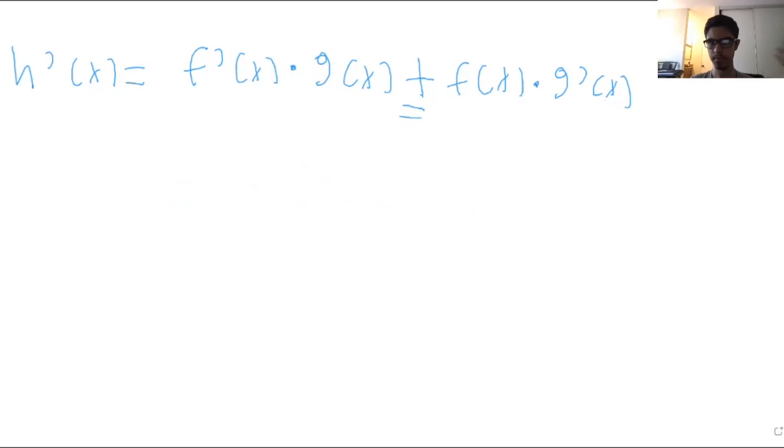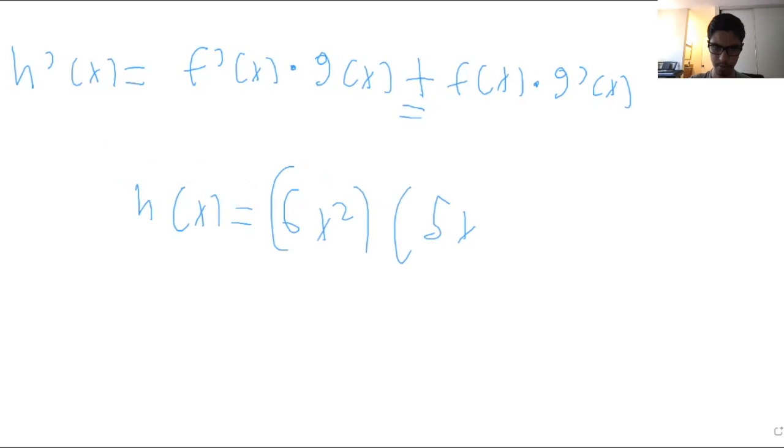All right. So let's take, for example, h of x is equal to 6x squared times 5x cubed plus 4. Let's spread the parentheses. Okay.